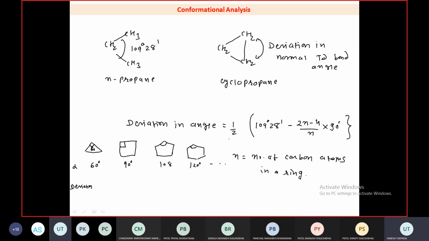You can check it by yourself and then tell me the answer for the deviation. We'll move to the next topic; this is a theoretical calculation, whatever answer you are getting.